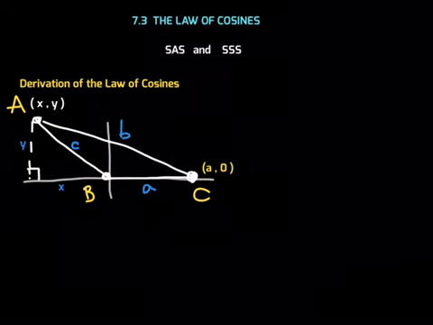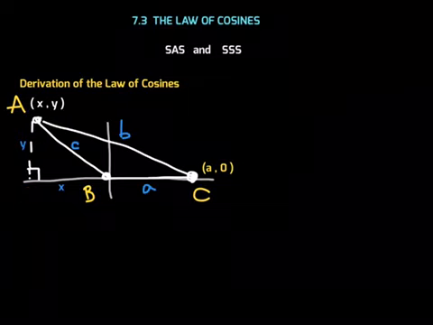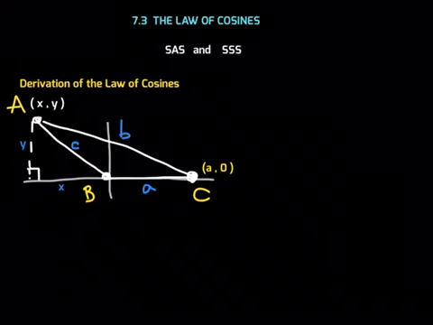Now I want us to drop the perpendicular from vertex A down to the x-axis here. What we're about to say next is true for angle B, whether angle B is obtuse or acute.